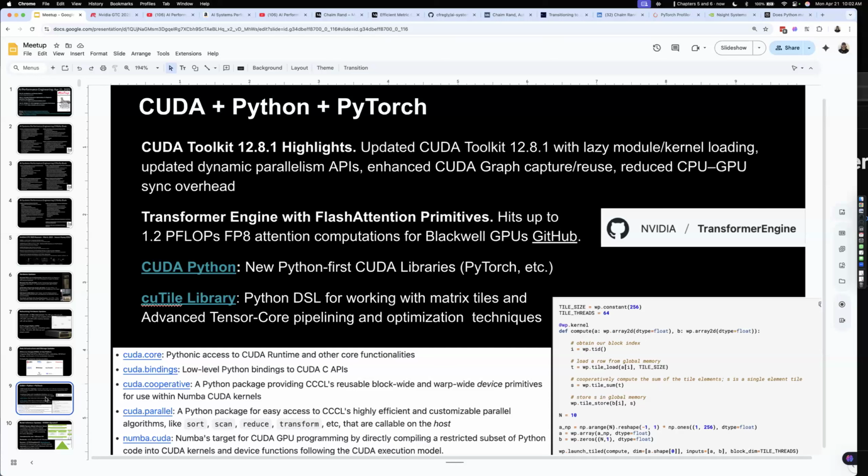There was a lot of emphasis on this Python library called CUTile, and this is a convention that the CUDA folks tend to use, which is they prepend CU to some name. One thing you'll realize pretty quickly, and I focus on this heavily in the book, is that you have to work with tiles of these massive matrices.